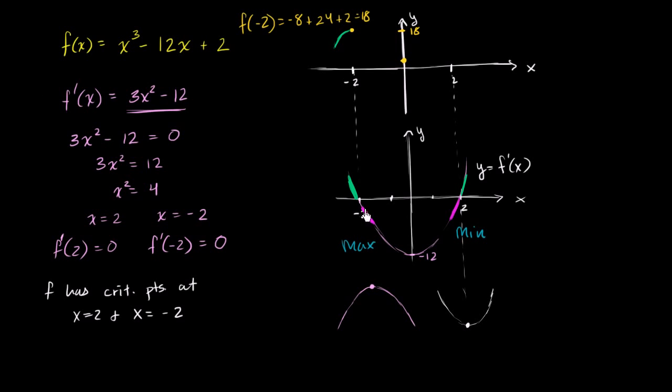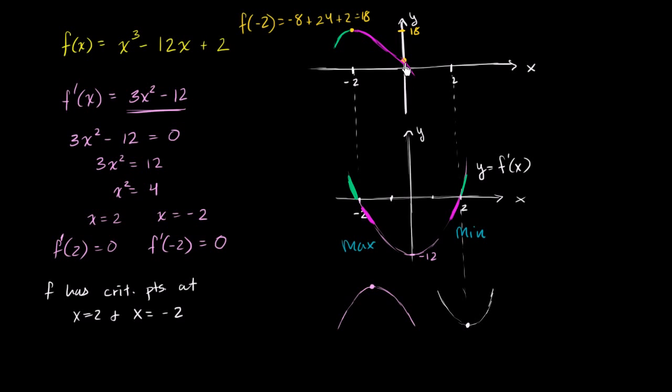The derivative crossed the x-axis. Actually, I want to use that same color. It looks like this. And then, of course, the graph is going to have a y-intercept, something like that.